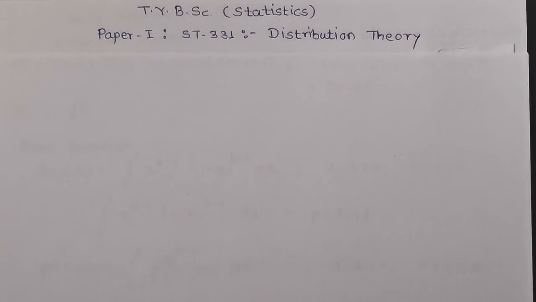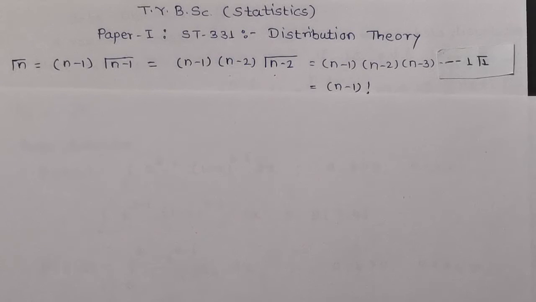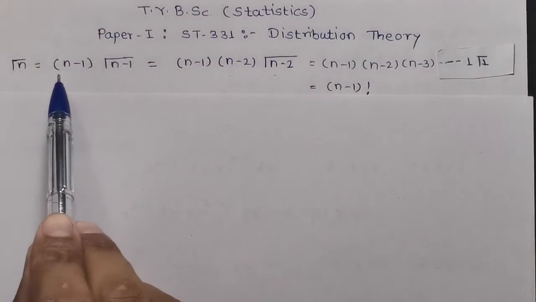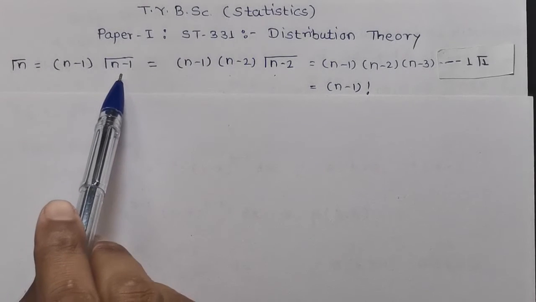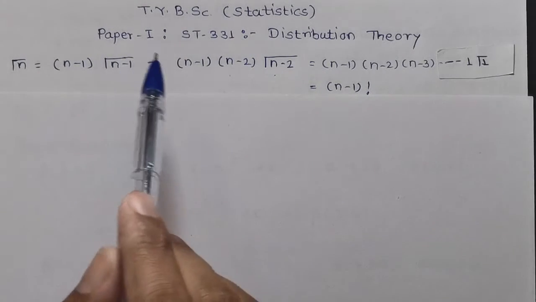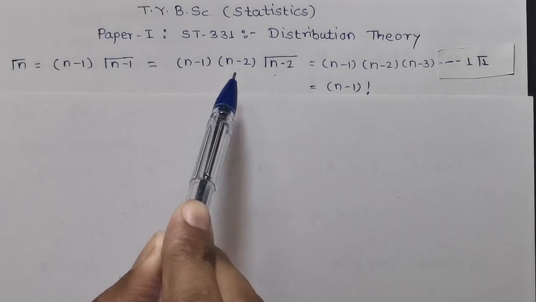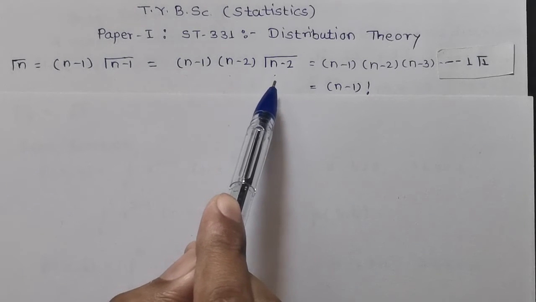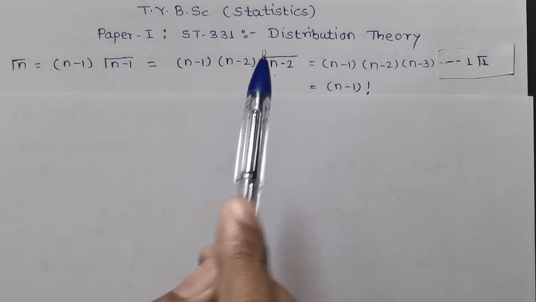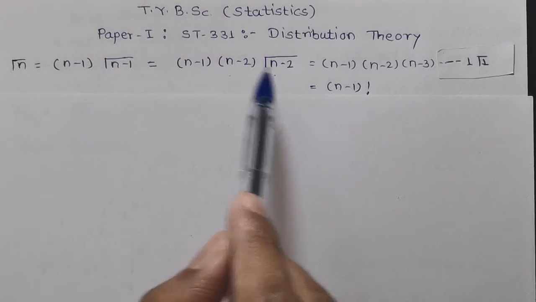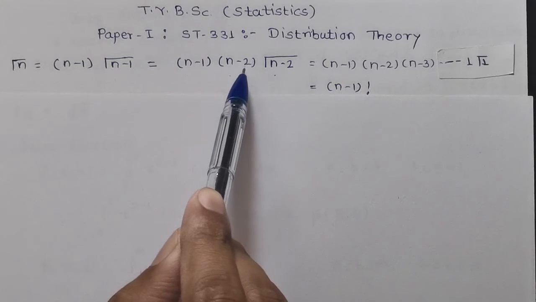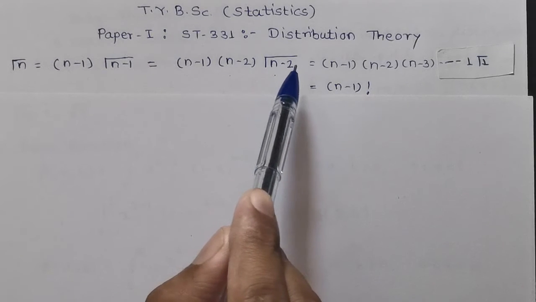First one is gamma n, which is equal to n minus 1 into gamma n minus 1, which is also equal to n minus 1 into n minus 2 into gamma n minus 2, which is also equal to n minus 1 into n minus 2 into n minus 3 gamma n minus 3.